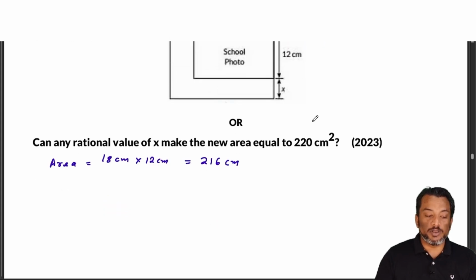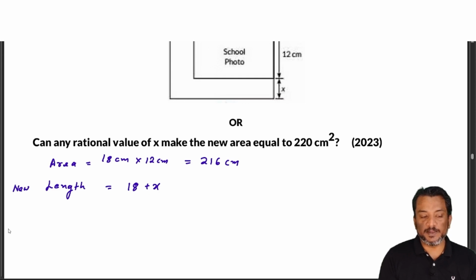Now length is increased by x, so new length is 18 plus x. Now new width is also increased by x. So you can say 12 plus x.